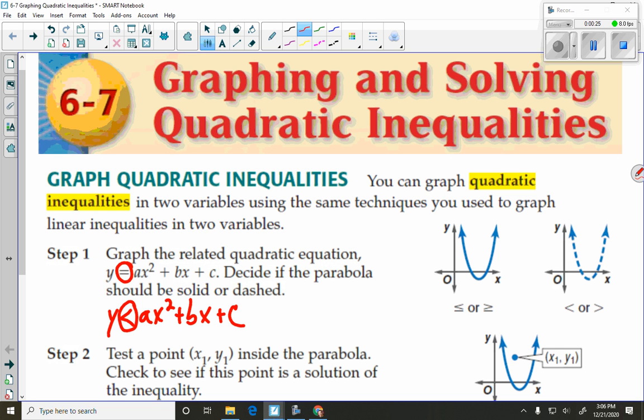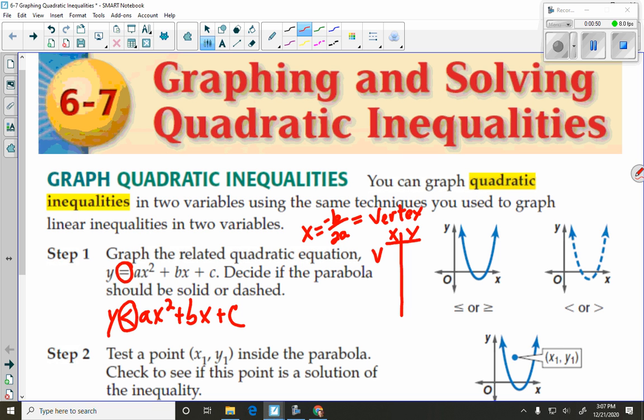equal sign. In other words, I'm going to graph like I normally would, which would be, first of all, use x equals negative b over 2a and find my vertex. Plugging it back into my equation, I'm going to make a table, putting that vertex as the first point.